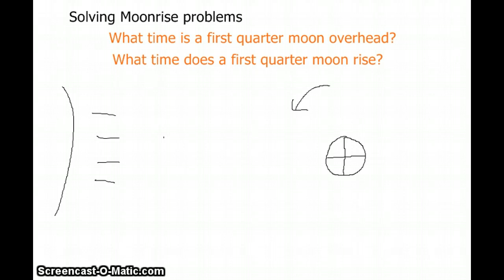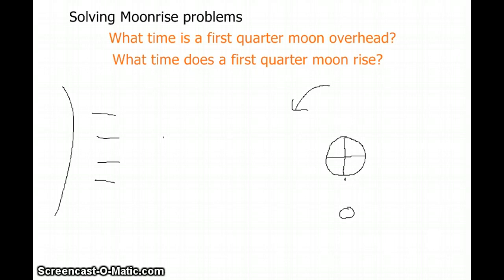Well, to solve this question, we need to draw the sun, the earth, and the moon if you know its phase. So we've got the sun and the earth, and we know it's a first quarter moon. We know it's overhead right here at sunset or 6 p.m. But the question is, what time does a first quarter moon rise?